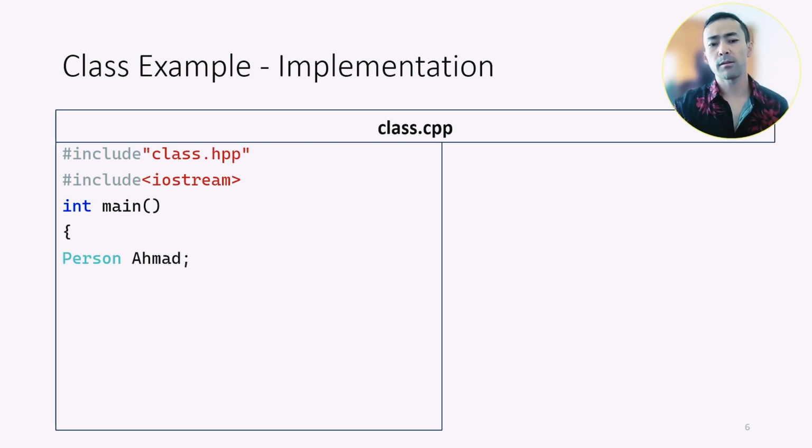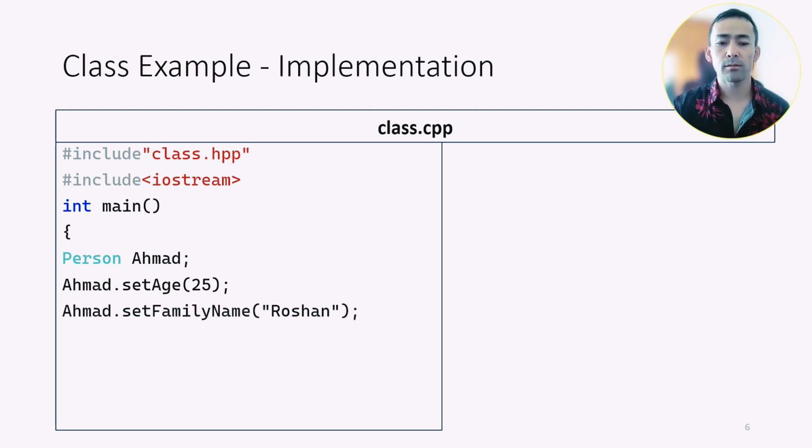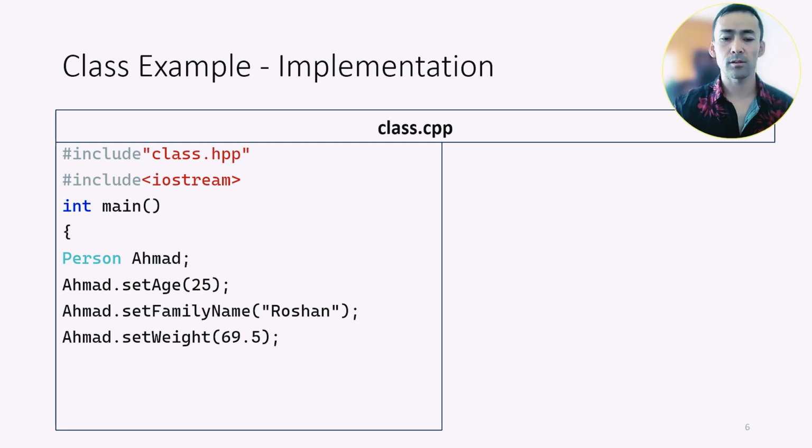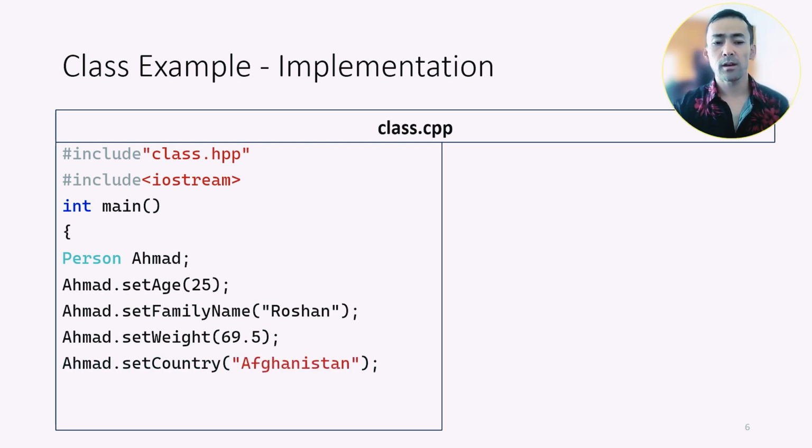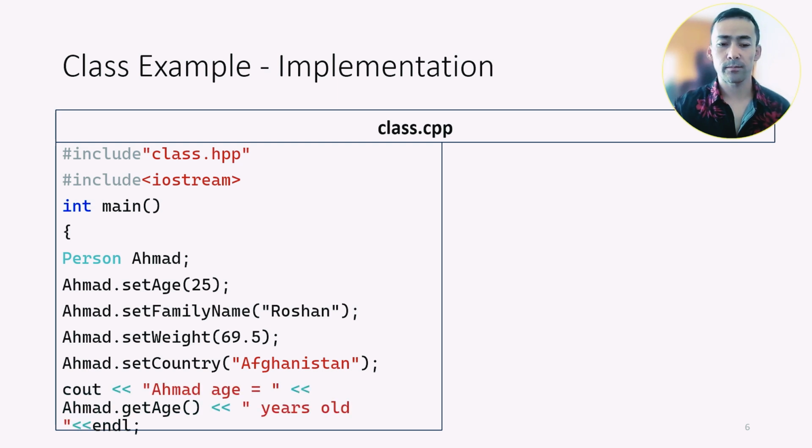And inside the main function, we create an instance of the person, for example, Ahmed, where using the dot operator, we set the age of Ahmed equals to 25, set his family name to, for example, Rushan, and we also write the weight for 69.5, and we may write the country Afghanistan.